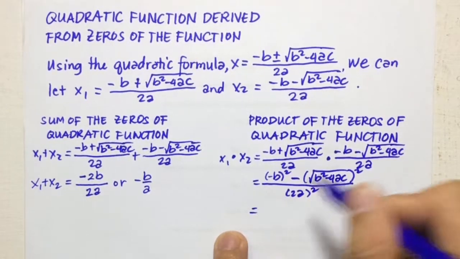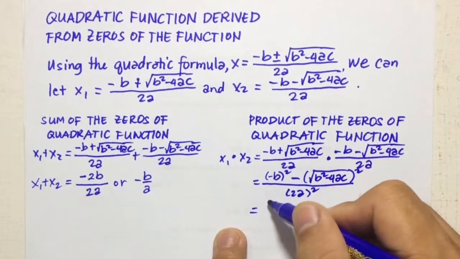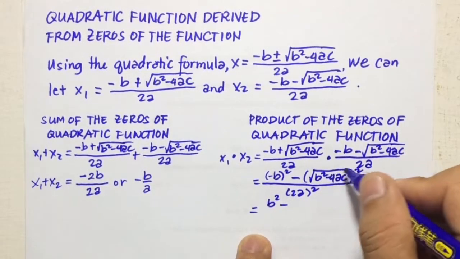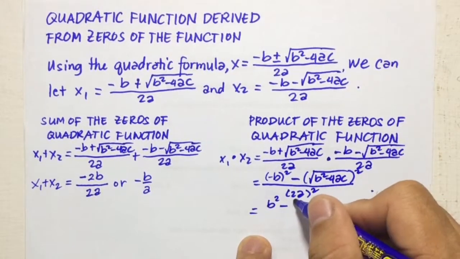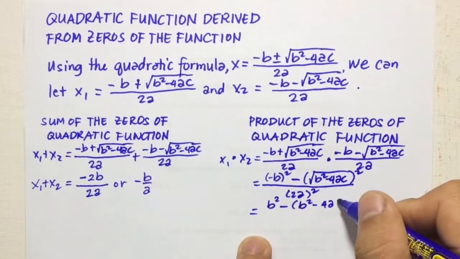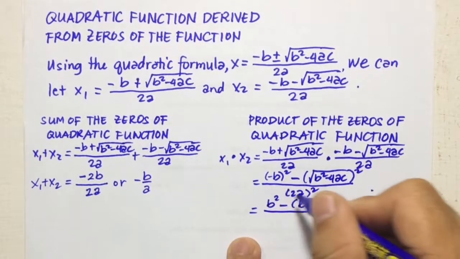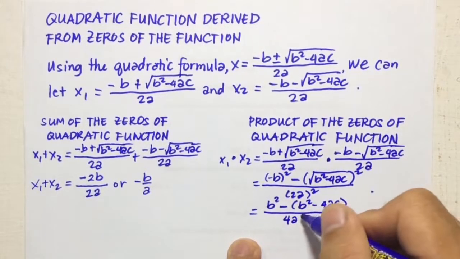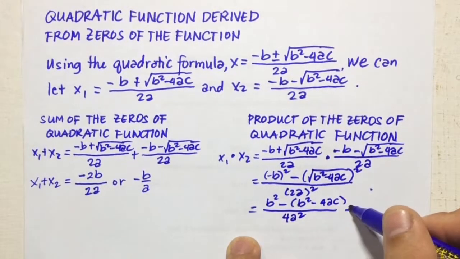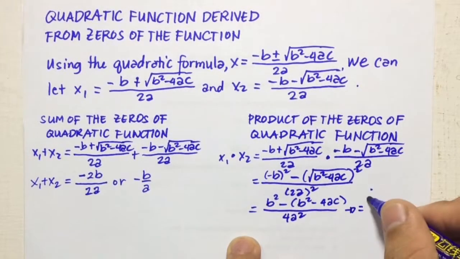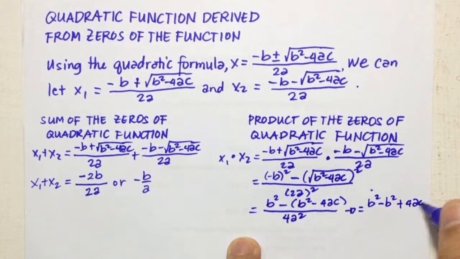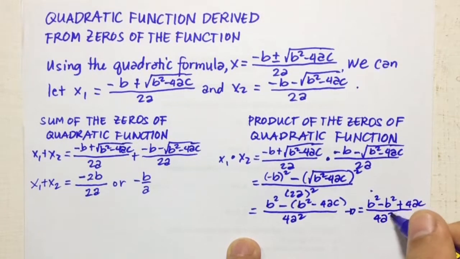Then this will be equal to negative b squared is b squared, then minus square root of b squared minus 4ac squared is b squared minus 4ac, over 2a squared is 4a squared. Then simplifying this, this is just equal to b squared minus b squared plus 4ac over 4a squared.